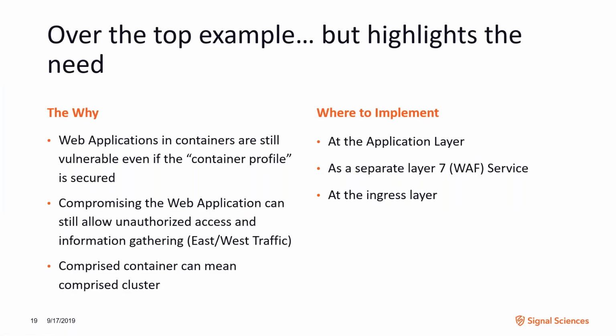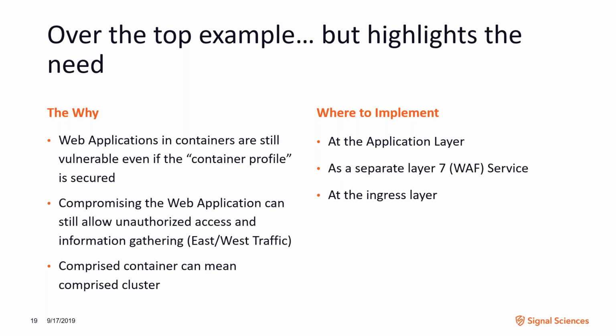So this is kind of an over-the-top example, but I think it does highlight why you need to think about the layer 7 security for the application. As I mentioned before, web applications are still vulnerable, even if potentially the container profile is secured.